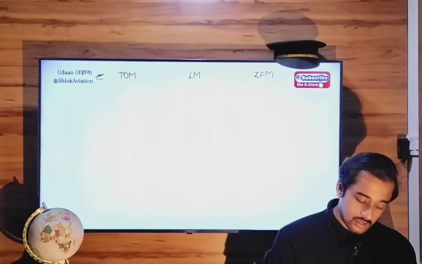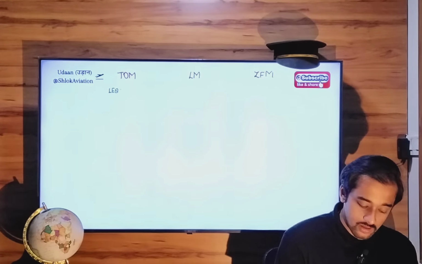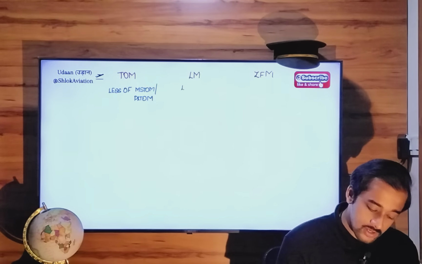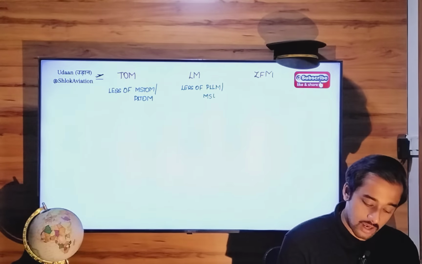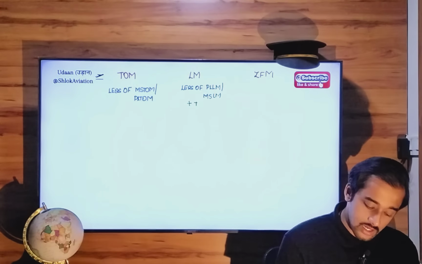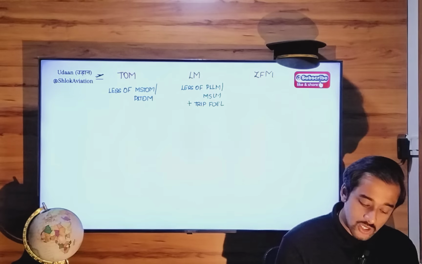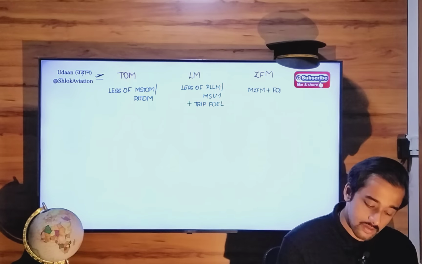In case of takeoff mass, you take the value which is less of maximum structural takeoff mass and performance limited takeoff mass. In case of landing mass, the value which is less of performance limited landing mass and maximum structural landing mass, plus trip fuel. In case of zero fuel mass, maximum zero fuel mass plus fuel on board.